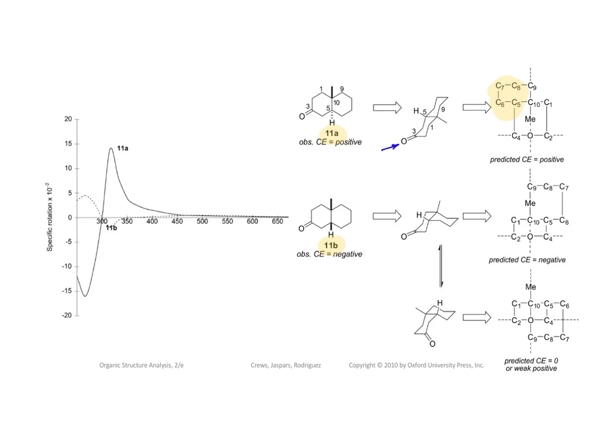For the cis-fused diastereomer, there are 2 possible conformations. These conformations will give different outcomes for the Cotton effect.